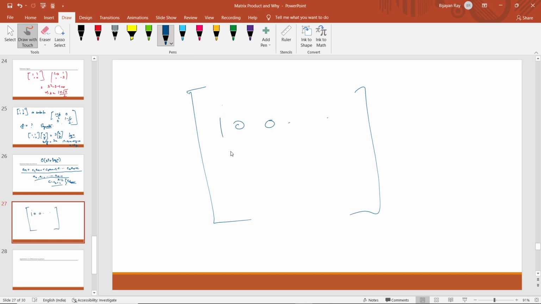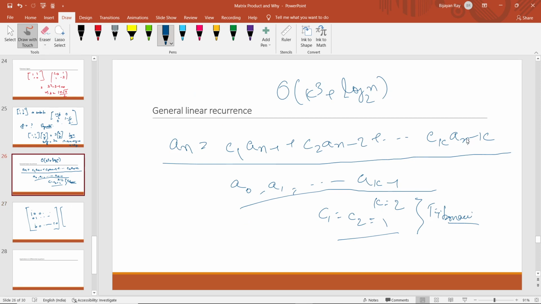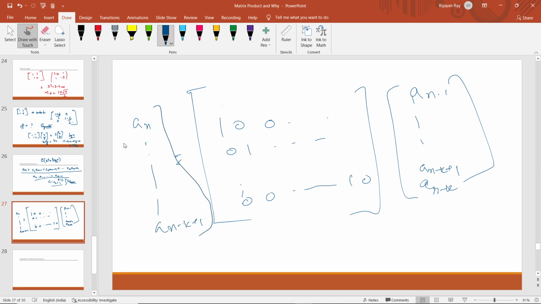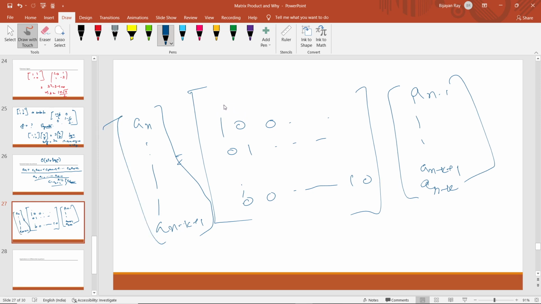The second, third rows would be 0, 0, 1, dot, dot, 0, and so on. Now the first row is the trick, right?